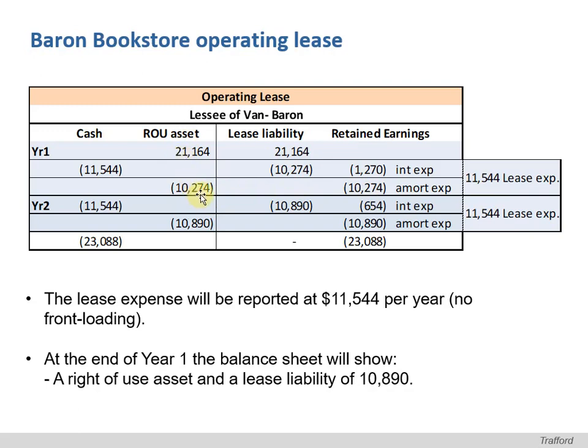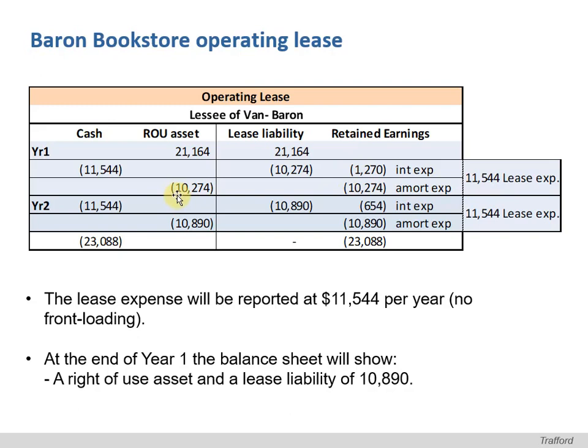Instead, we figure out how much would amortization have to be such that these two numbers combined would be equal to the $11,544 lease expense represented by the amount of our payment. So our amortization expense has to be $10,274 for these two things to add up to $11,544. So that will be the amount by which we reduce the right-of-use asset.